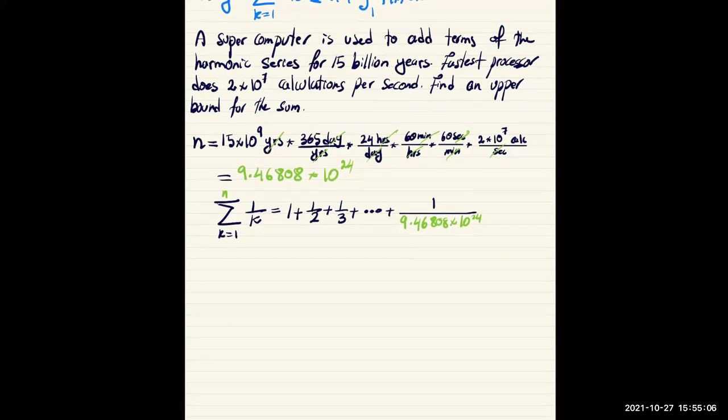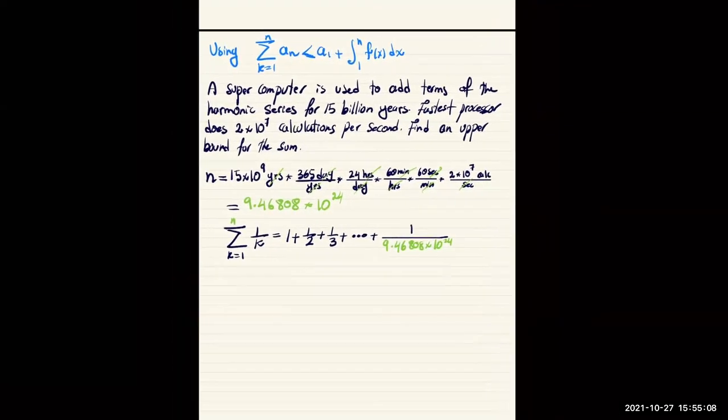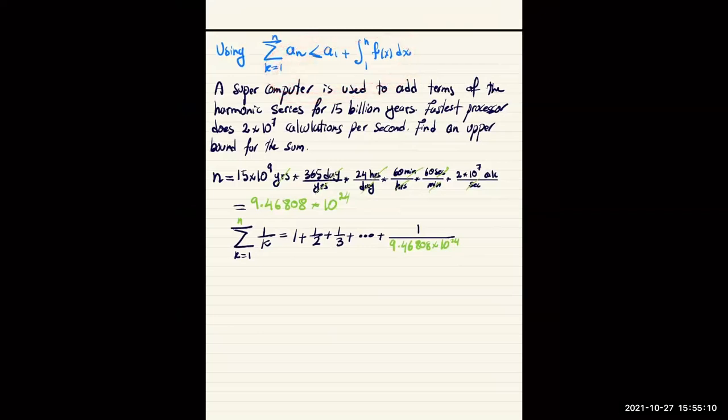So this inequality here says, if I have the sum of some k going from 1 to n, this is going to be less than the first term. And the first term here is just 1.